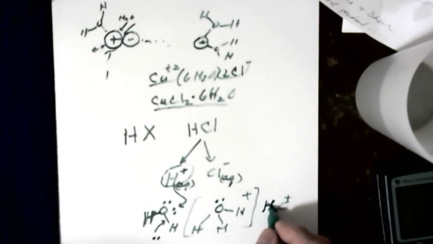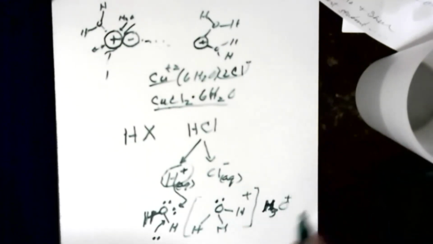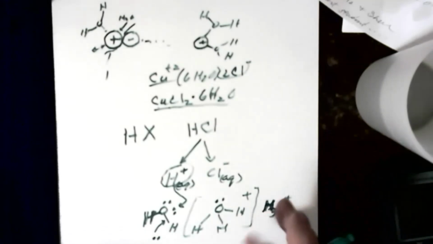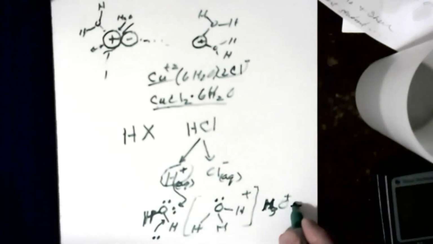Now, there are some other species in the solution, but essentially more water molecules attaching themselves to this cation. So you can have H3O+, you can have H5O2+, you could have H7O3+, but the dominant species is this one. You're going to have more of that one, H3O+, than anything else. So the water molecule can receive a proton and form the hydronium ion.